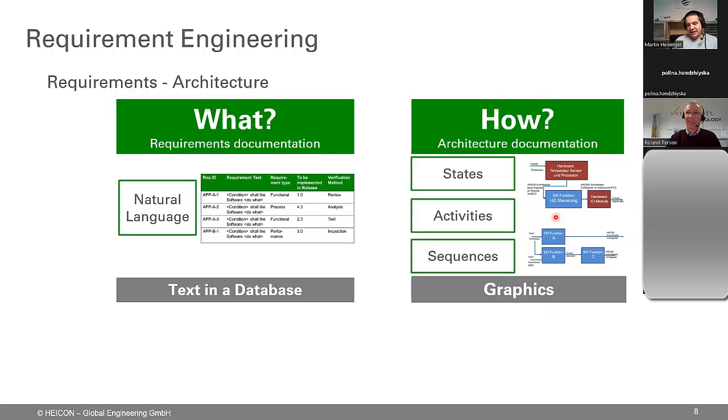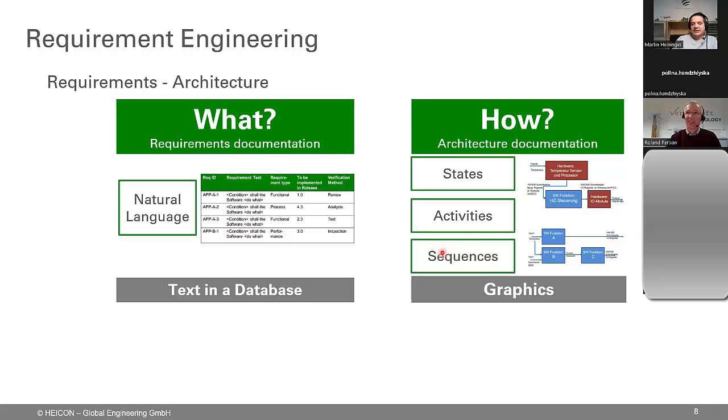Of course, it is not black and white, as always in life. There are situations where a state diagram is actually a requirement, a functionality, and there are situations where a state diagram is in architecture. Same to some extent for activity and sequence diagrams. They also can be both.